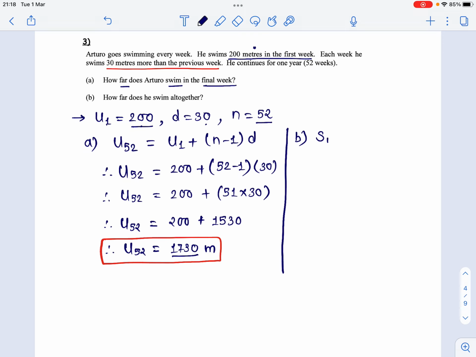So we will use the second formula. You can use the first formula, but I am using the second formula because it's a short formula. n over 2 times U1 plus Un. So in this case, altogether, that means a total of 52 weeks. 52 over 2. U1 is 200 and U52 is 1730.